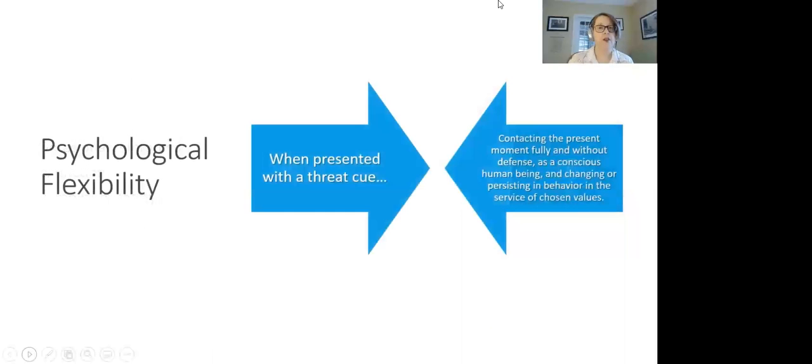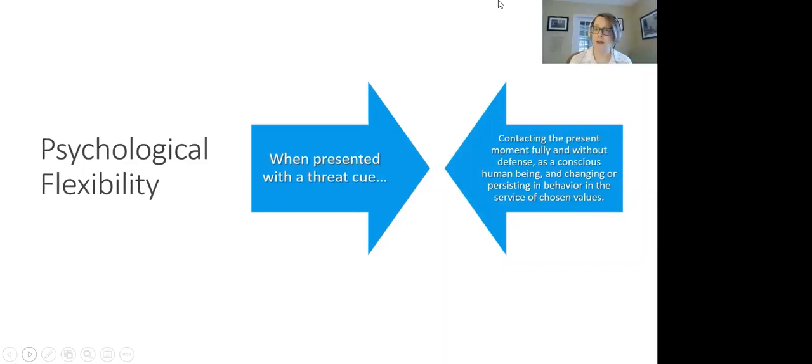Okay. So the goal of exposures, and the goal of enhancing this inhibitory learning, is psychological flexibility, right? And that means when we have an experience, contacting the present moment fully, without defense, as a conscious human being, and continuing what we're doing or changing it in the service of those things that we care about.